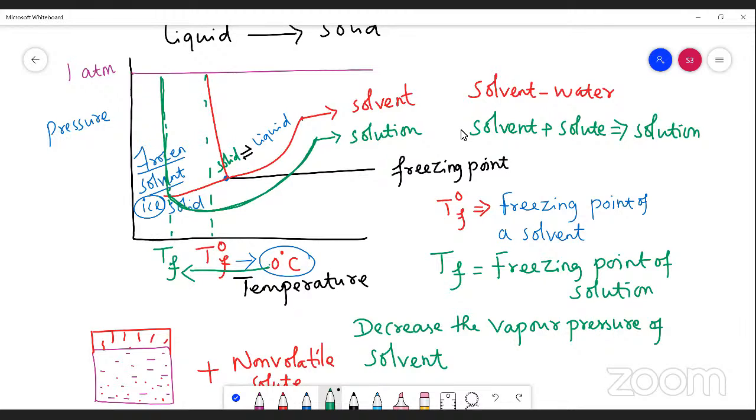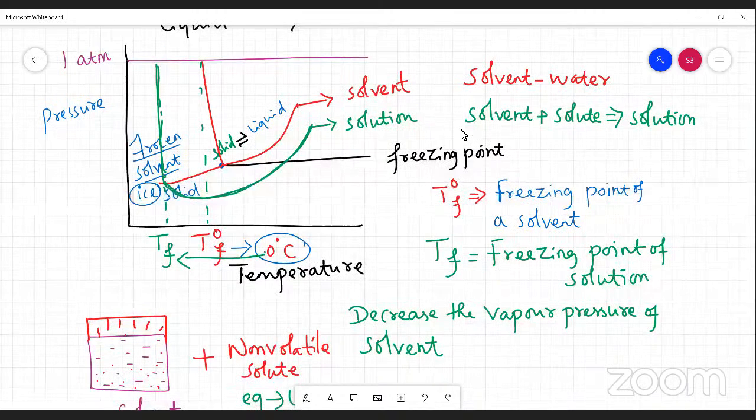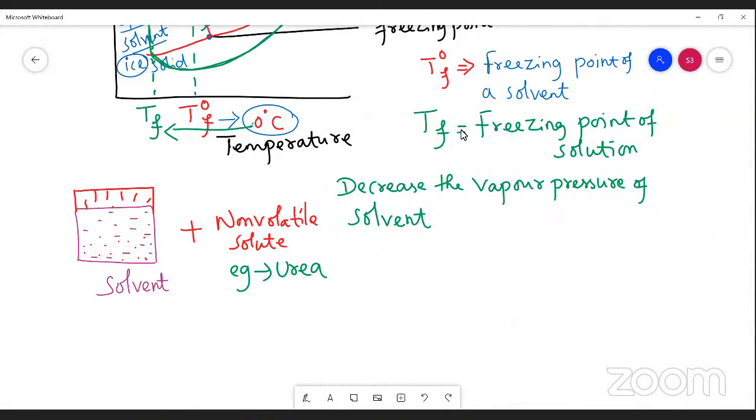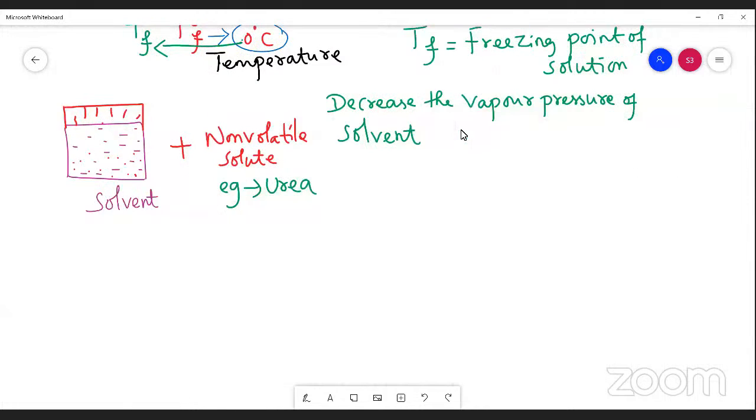Why is the freezing point of a solution decreasing? Because of the addition of a non-volatile solute. Whenever you add a non-volatile solute, the concentration of the solute is acting there.